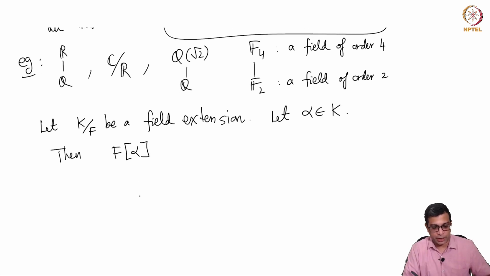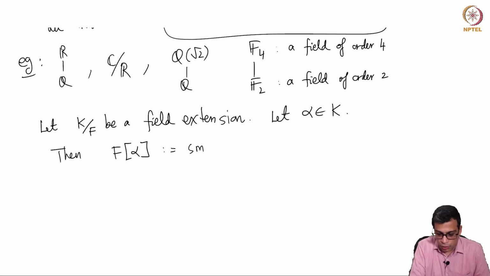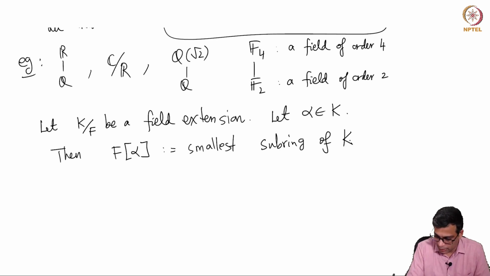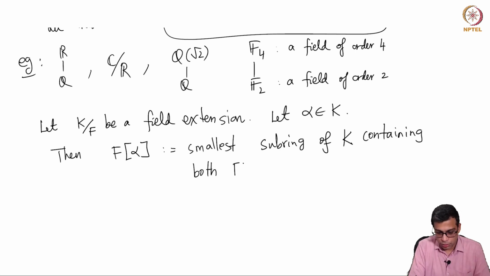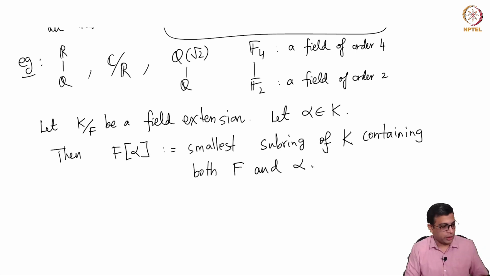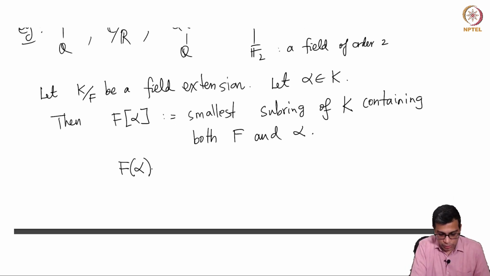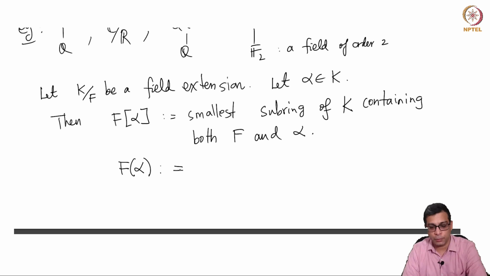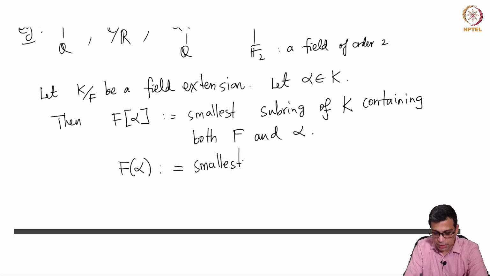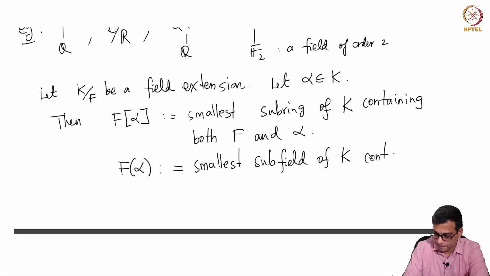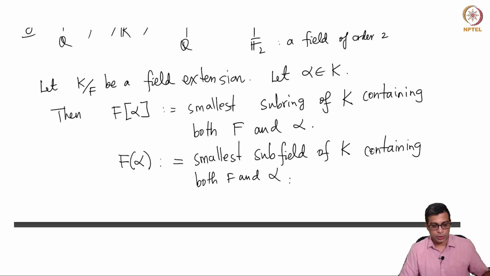F[alpha] is the smallest subring of K containing both F and alpha. And the other important one, which is in fact a field, is F(alpha). It is the smallest subfield of K containing both F and alpha. So these are two important things.